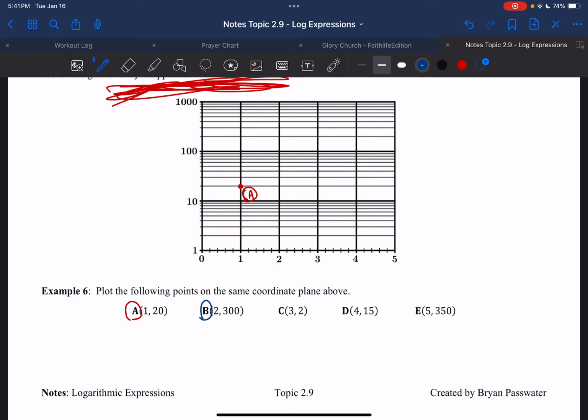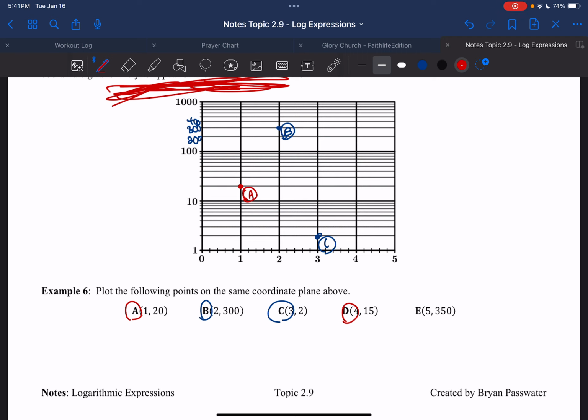But the way I count this is that this is 200. This is 300, 400. That's how I'm choosing this. So 300 is going to be right here. This is B. C at 3, 2. It's going to be here. Then in black, or we'll do in red again for D. 4, 15.